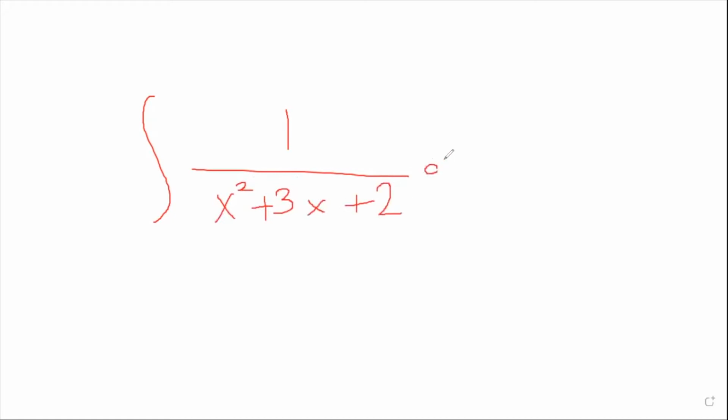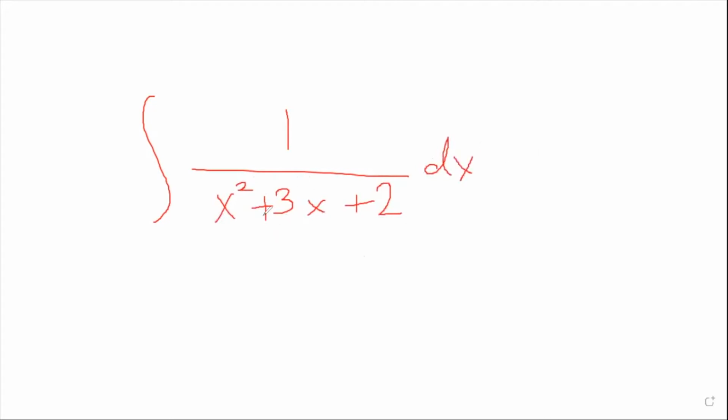So what does it mean if I break an integral into different fractions? Let me use an example. If we have the integral of 1 over, let's say, some polynomial like x squared plus 3x plus 2 with respect to dx, of course.